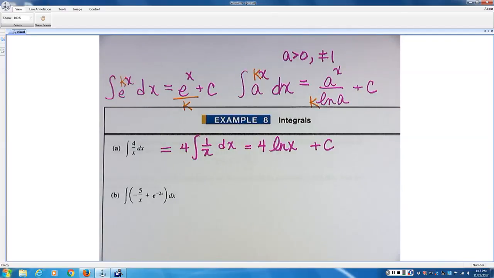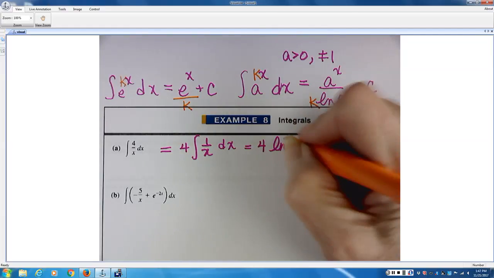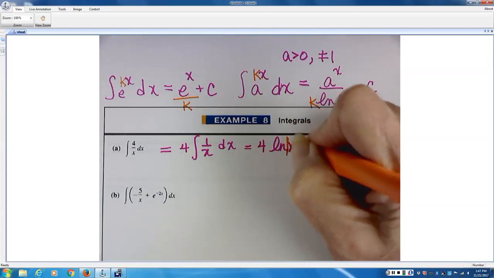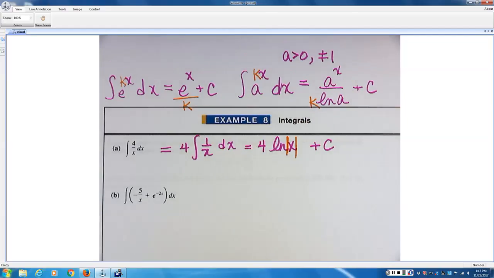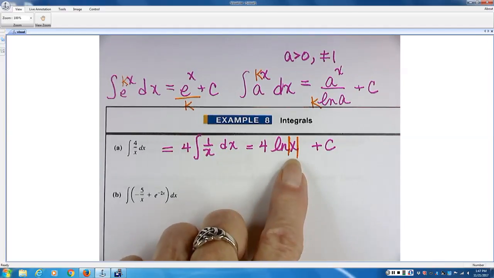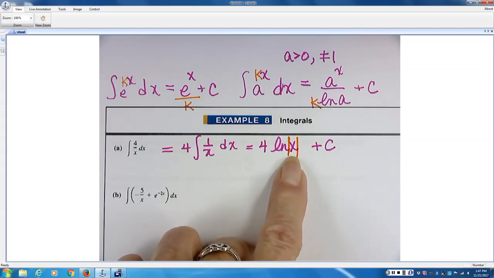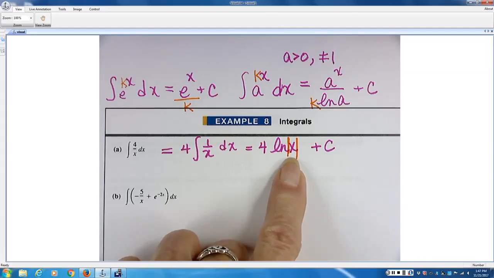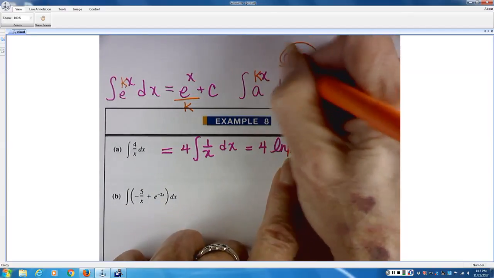Now, the textbook is kind of loose when they insist that you do or don't do this. What you need to keep in mind is that they're redundant. You don't absolutely always have to have them, but sometimes my math lab may count off if you don't have them. The absolute value of x, it has to be the absolute value of x, but that's because you can't take the log of a negative number.